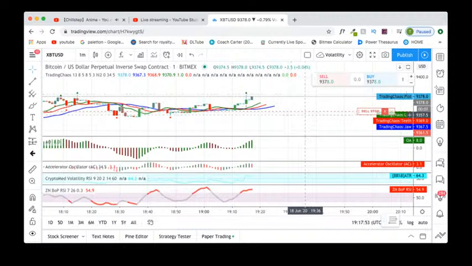I'm going to stay out of this trade. Could take a buy up here.